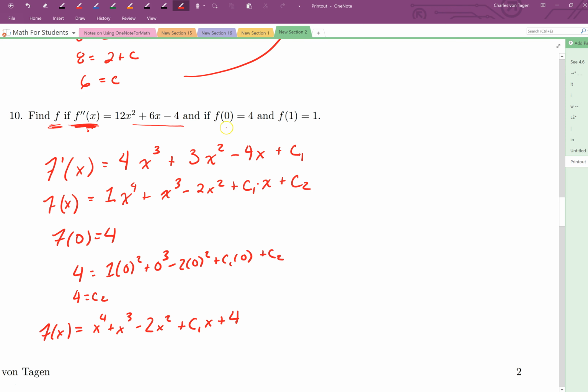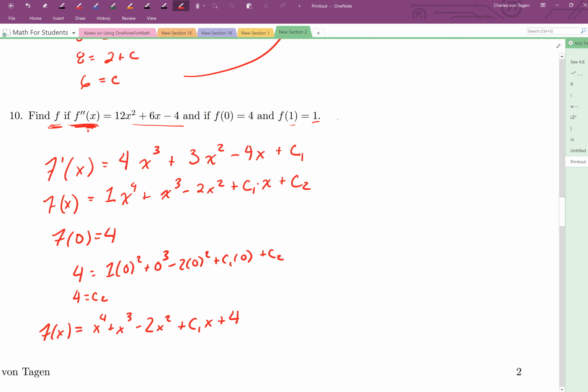In reality, I would plug both these points into the function. I would get 2 separate equations that might both involve c1 and c2, and then I might have to solve that system of equations simultaneously. So these problems can get a little bit harder in determining what your constants are, and you might see an example of that in your homework. But for this one, we're just getting started, so let's see here.